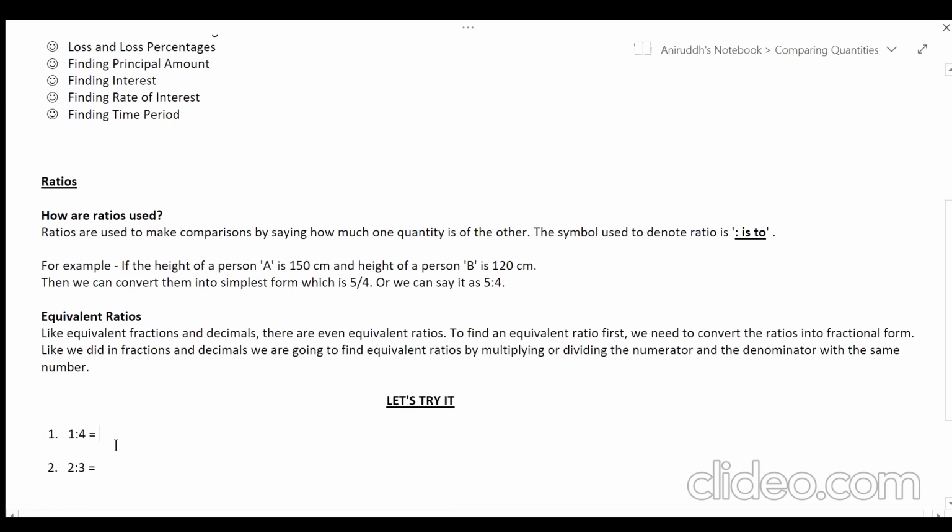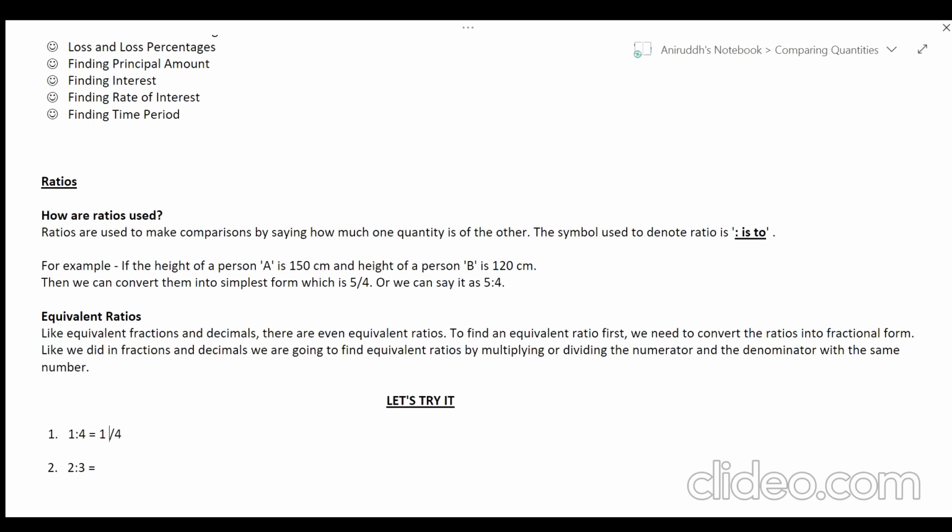First example is 1:4. First we need to convert it; 1:4 will be 1 by 4 in fractional form. Now we need to multiply both numerator and denominator. As we can't divide, we need to multiply.